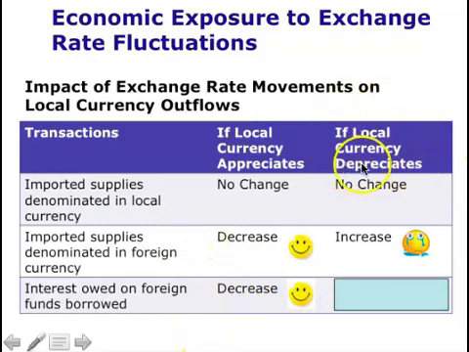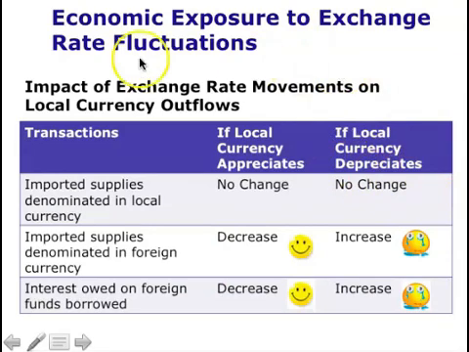However, if the local currency depreciates, this is not good for you because you need to prepare more local currency to make the interest payment, because the interest payment is denominated in foreign currency. Therefore, if the currency depreciates, you need more local currency to make the payment, so your local currency outflow increases, which is no good for you.